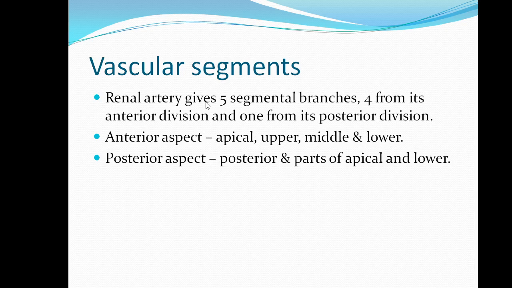So that's how there are five segmental branches of the renal artery, which form the vascular segments of the kidney. On the anterior aspect you find the apical, upper, middle and lower segments, and on the posterior aspect you see the posterior segment, and parts of the apical and lower segment.